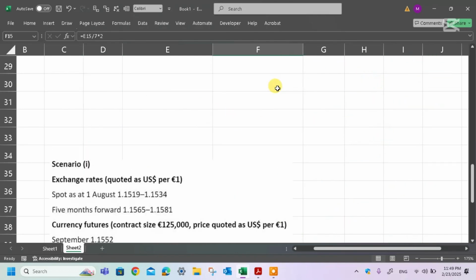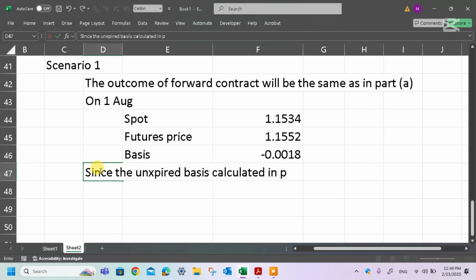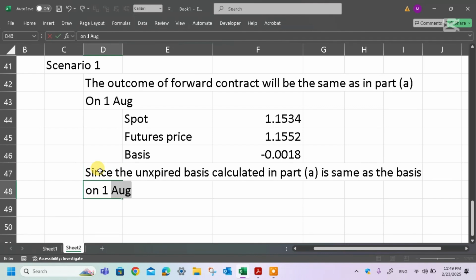Here 18. So here I can conclude now, since the unexpired basis calculated in part A is the same as the basis on 1st of August based on actual information. Let's put it into two sentences.